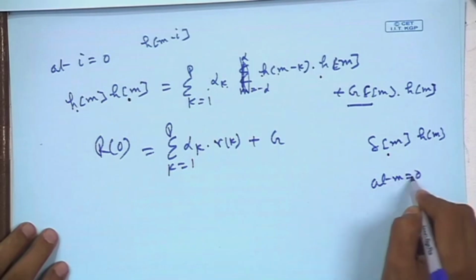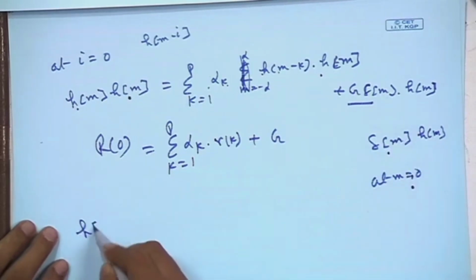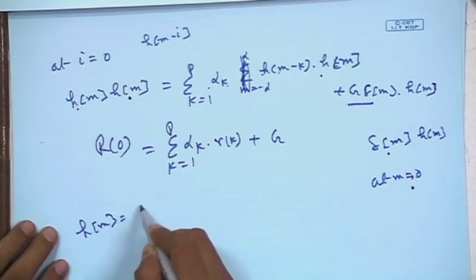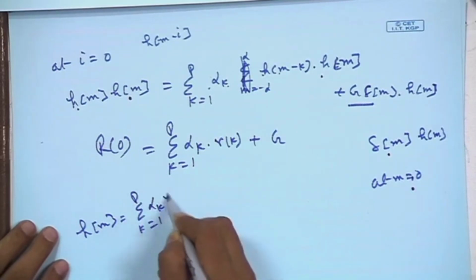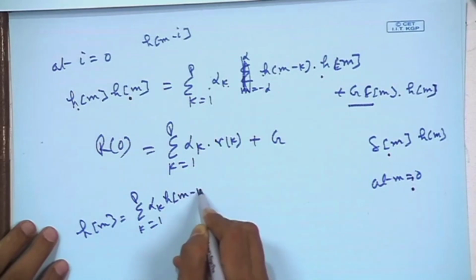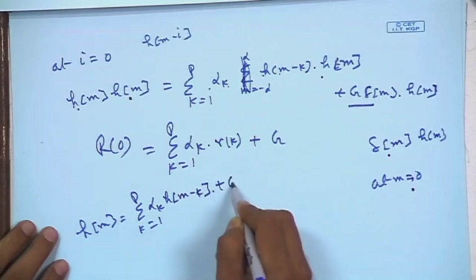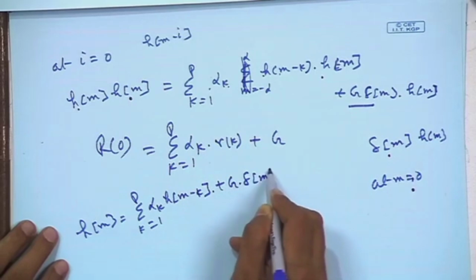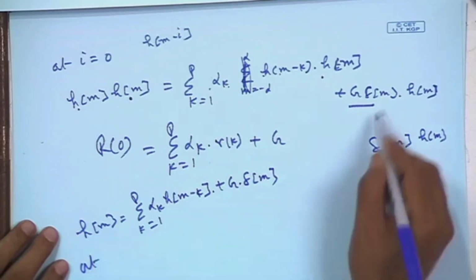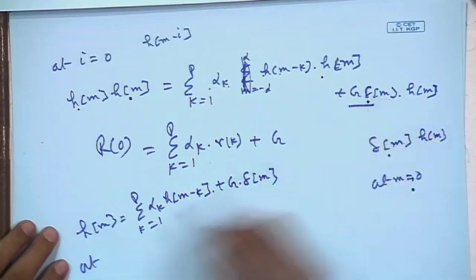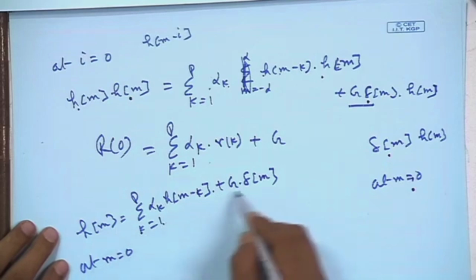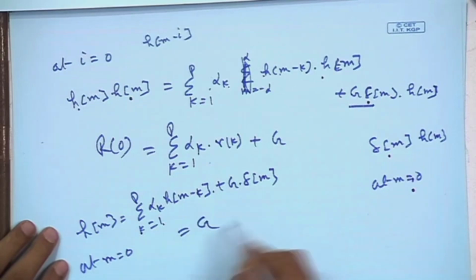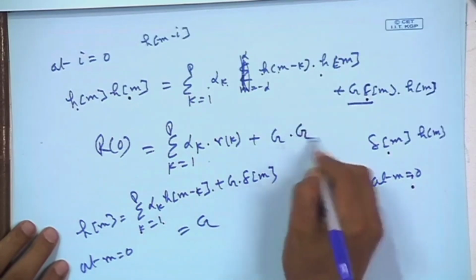So h(m) is nothing but the sum over k equal to 1 to p of alpha k h(m minus k) plus g delta(m). At m equal to 0, this is nothing but g. So, I can say g into g.